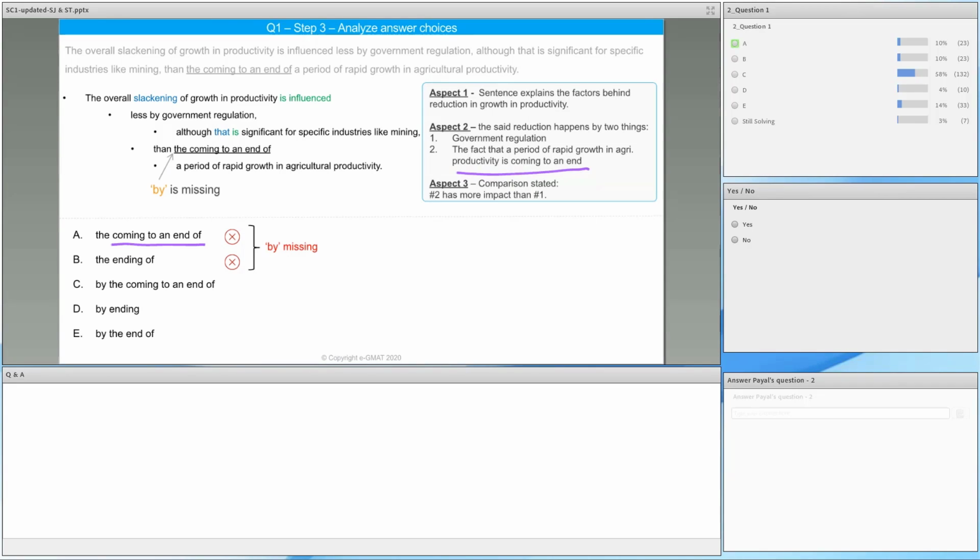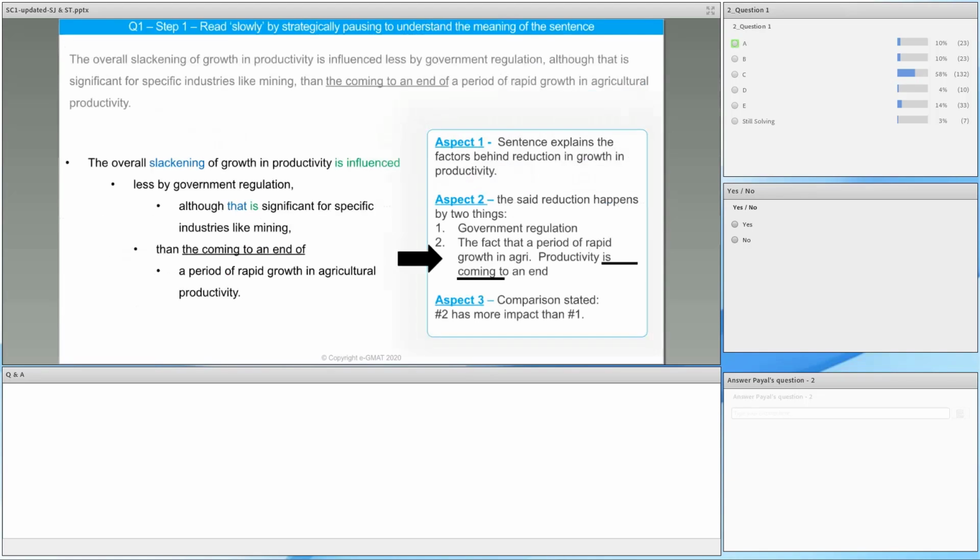Choice B, you missed the parallelism error, and you probably missed the meaning of what "the coming to an end of" means, because "the ending of," again, shows somebody taking action. So now we're left with choices C, D, and E, because all of those have "by," all of those correct our parallelism error. Okay, so when we have that, then we know we have to focus on that second aspect, is coming to an end.